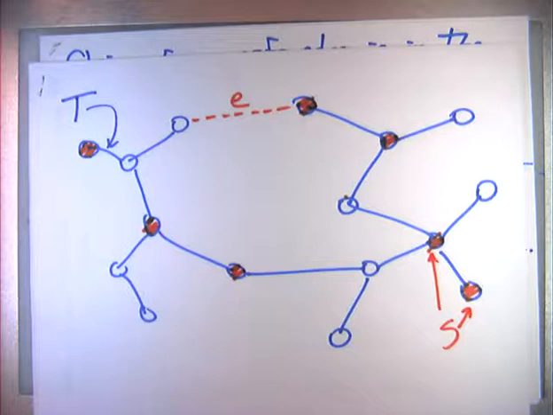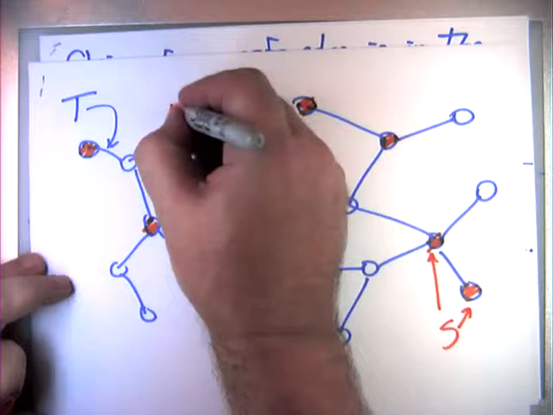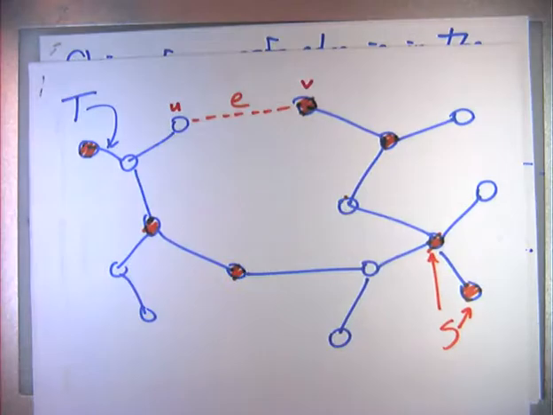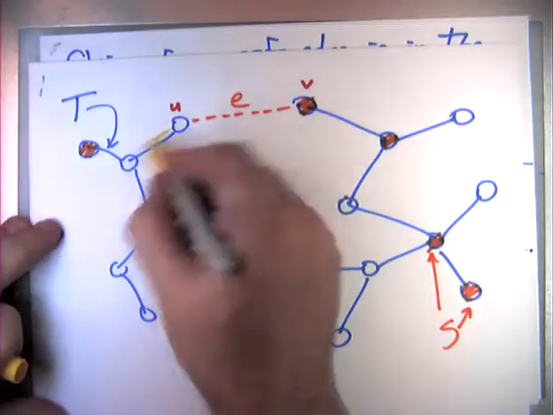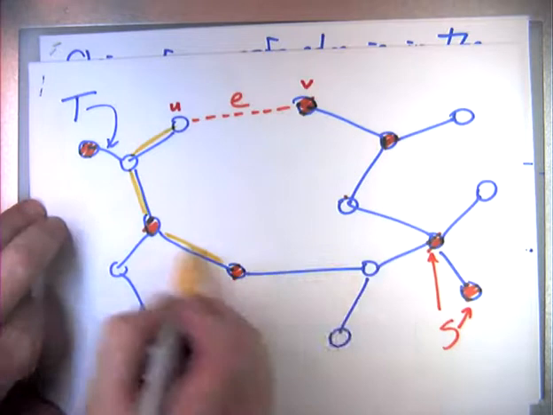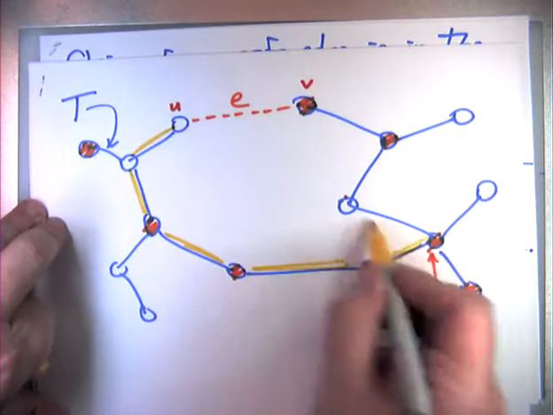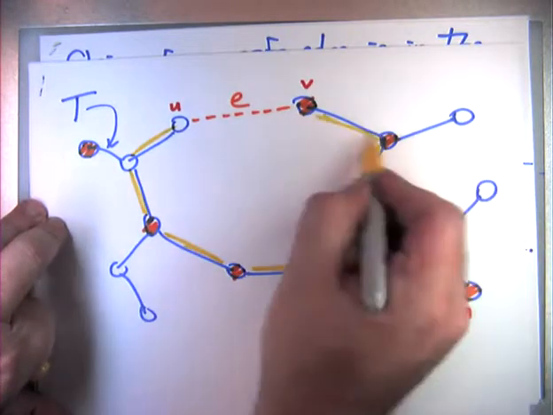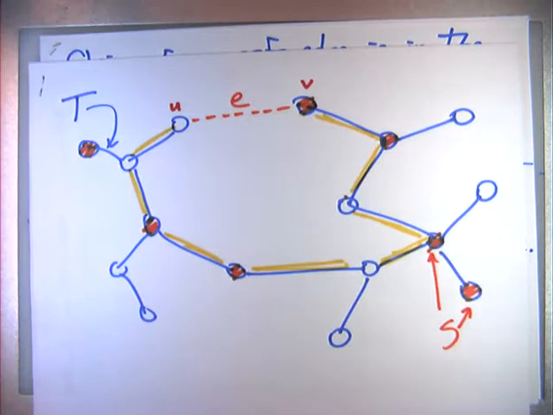Okay, now spanning trees are connected by definition. And so if I look at the two endpoints of this edge E, let me call them U and V, the spanning tree has to contain a path from U to V. Now this path starts at a white vertex and ends at an orange vertex.